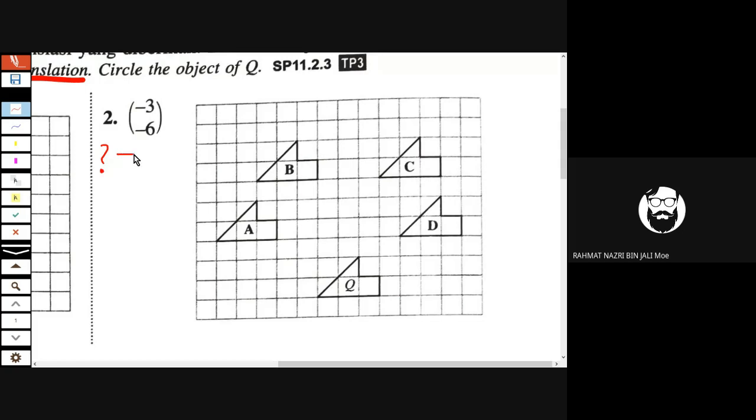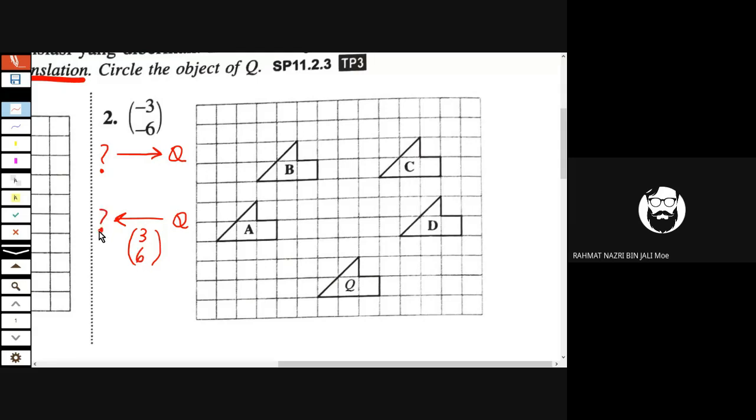The object translated with (-3, -6) gives Q. Now we want to find the question mark Q. So for the translation we just change the sign: negative becomes positive, and -6 becomes +6.